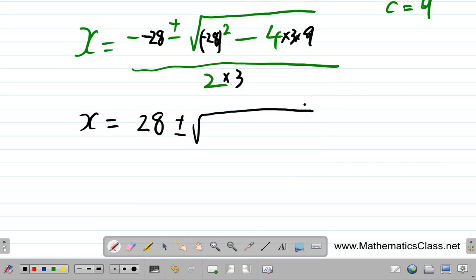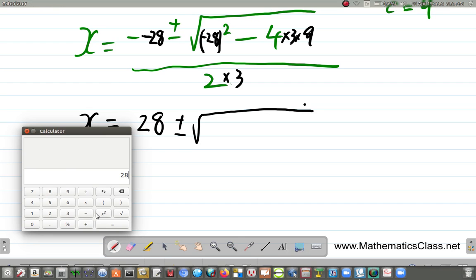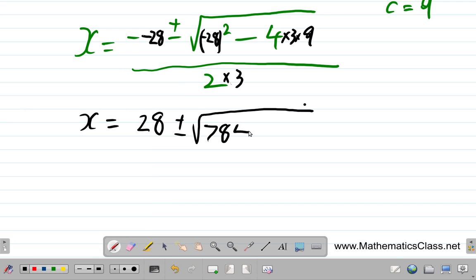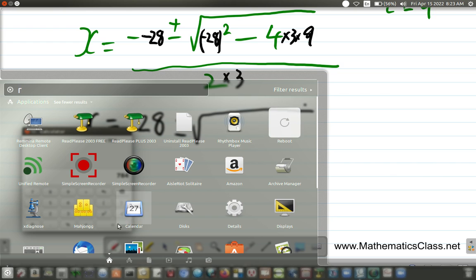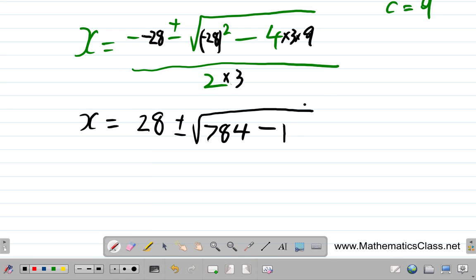Just reach for our calculator. 28 squared, which is the same as 28 by 28, I get 784. 784 minus 4 by 3 by 9. So we have 4 times 3 times 9, that gives us 108. So we have 108 all over 2 times 3, which is 6.